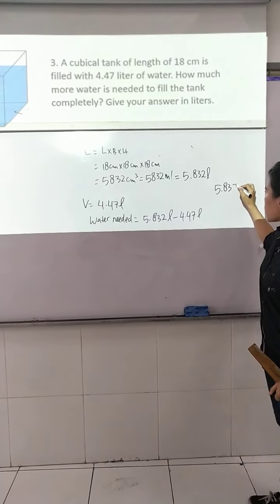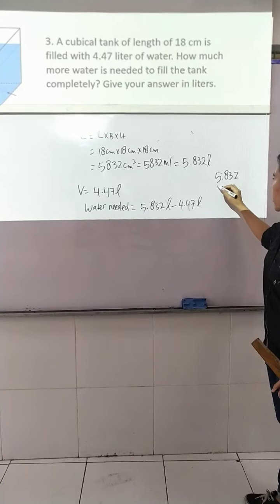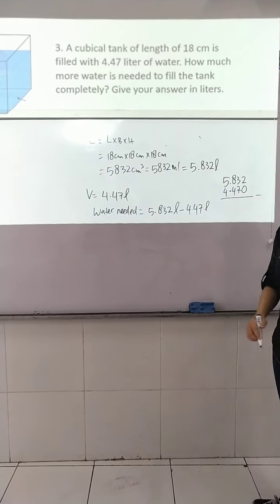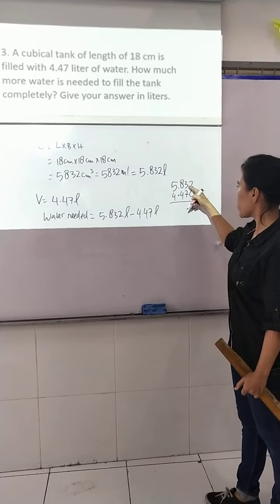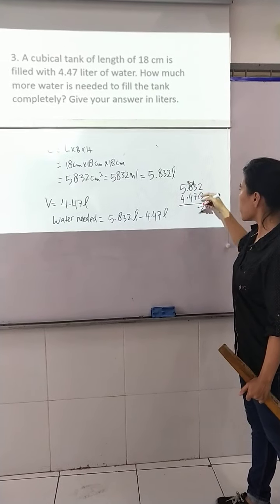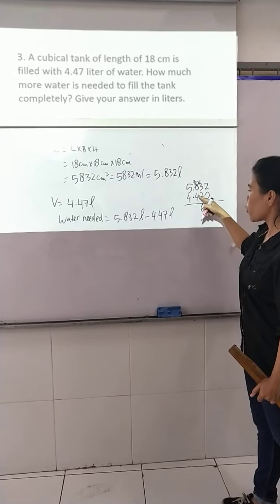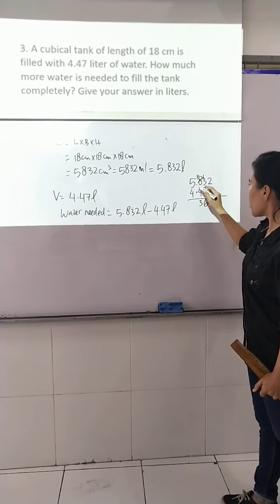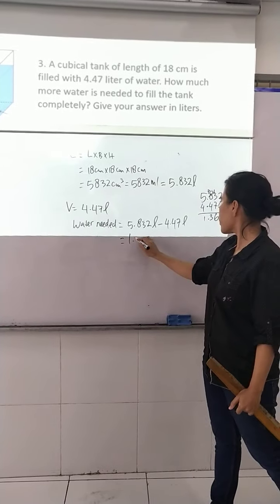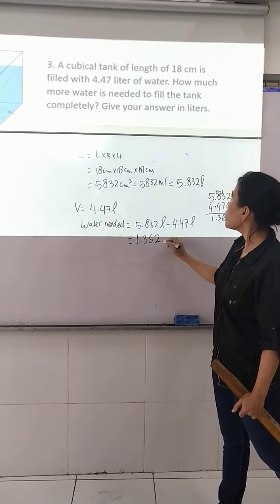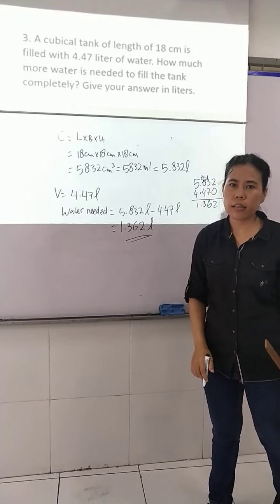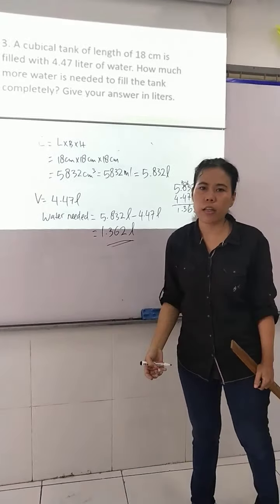The decimals are in the same line, 4.47 is represented by 4.470. 2 minus 0, 2. 3 minus 7 cannot, so we take from here, this becomes 7, 13. 6 minus 4 is 2, 5 minus 4 is 1, and put the dot down. So it takes 1.362 liter. Okay? Now we are going to the next number, the last one.